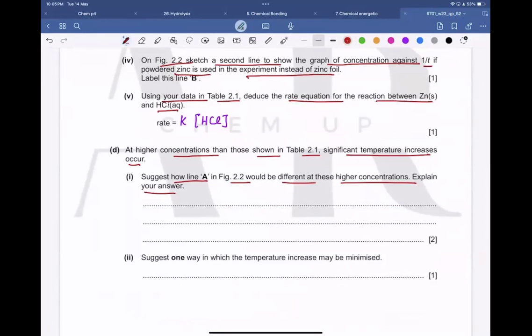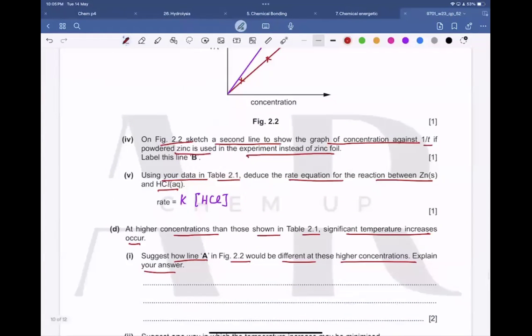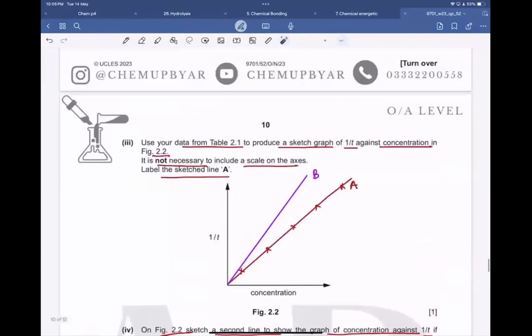So if we see, they have told you for line B that you have used zinc powder instead of zinc foil. If it's a powder, what happens to the rate? Due to the surface area increase, the rate of reaction increases, right?